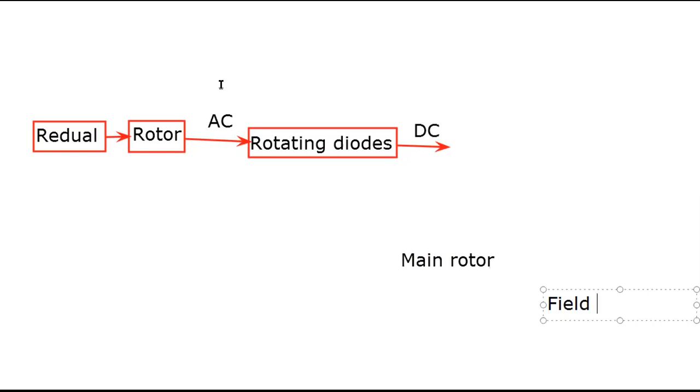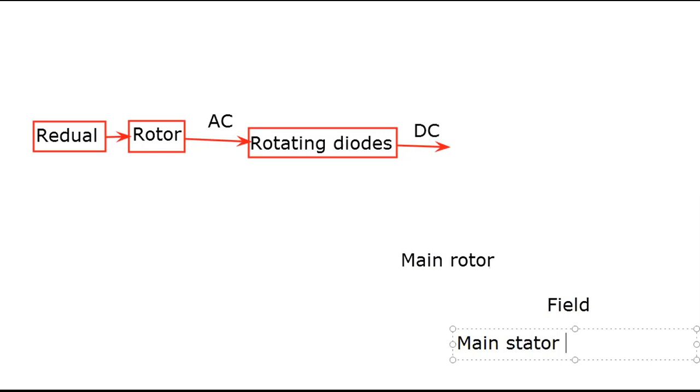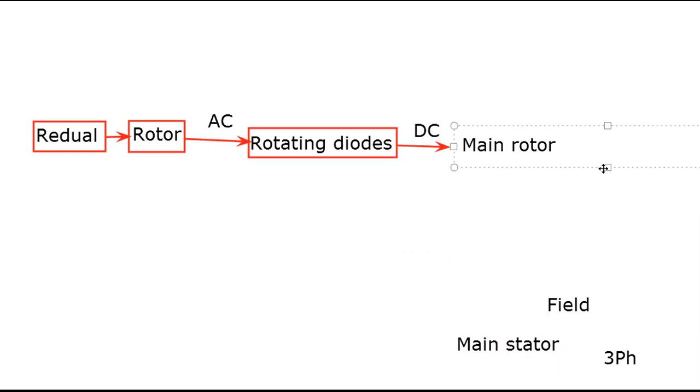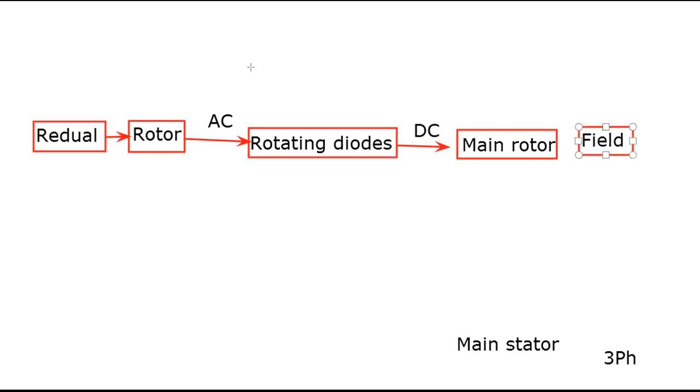When cutting the main stator, we're creating our three-phase output. So here the DC is supplied to the main rotor to produce an electric field. This field is supplied to the main stator.